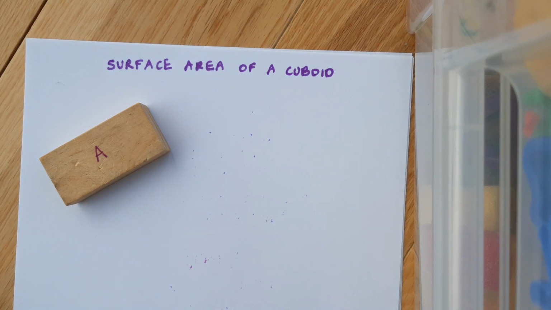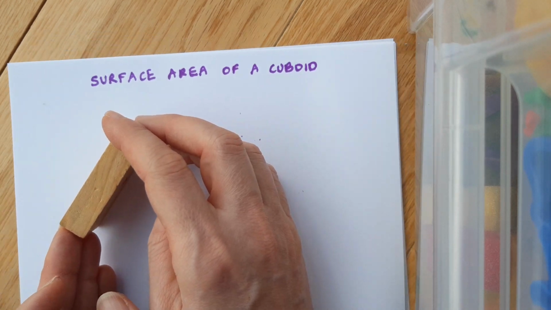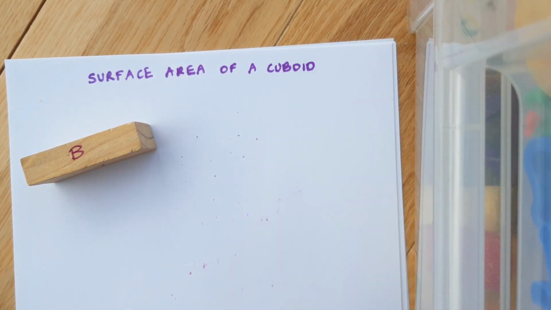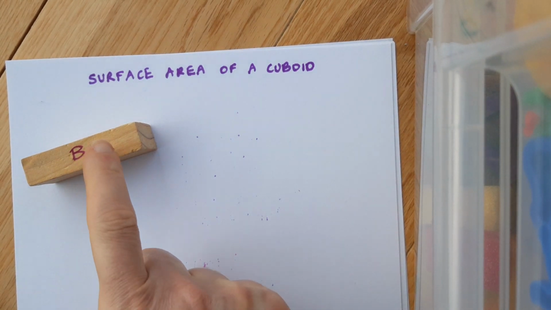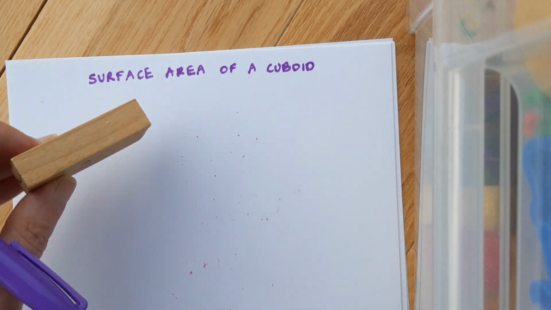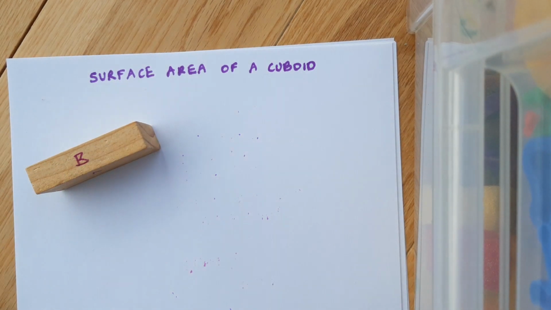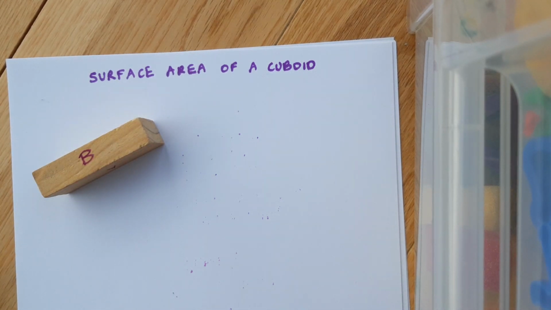So I'll call them both A. And then, what about this side here? So this guy here, which was my front a minute ago, I'm going to call it B. It's not the same as the A, so I won't call it A. If I turn over my cuboid, there's a B on the opposite side. So I've got a B on that side, and I've got a B on that side. They take up the same area.